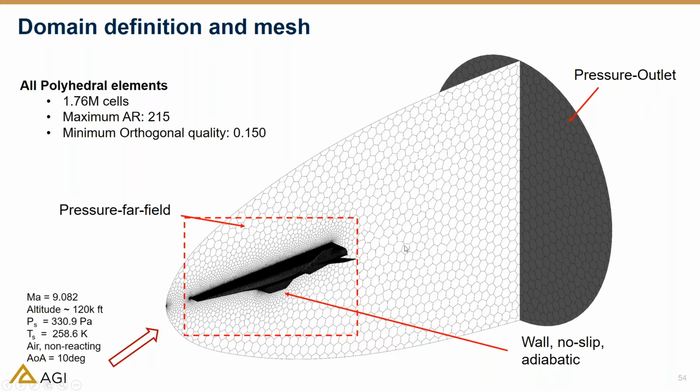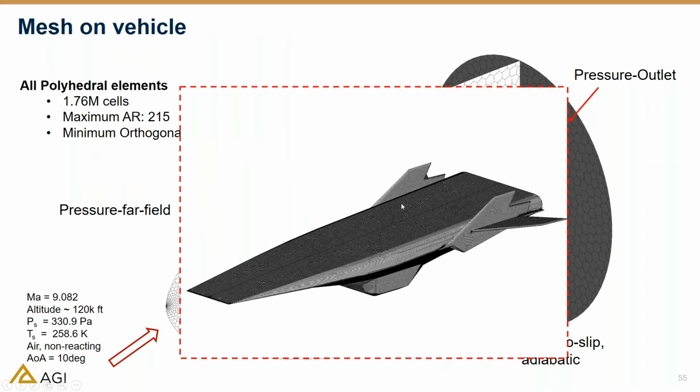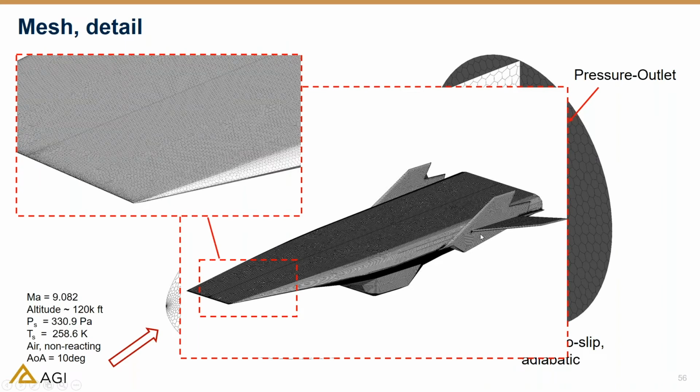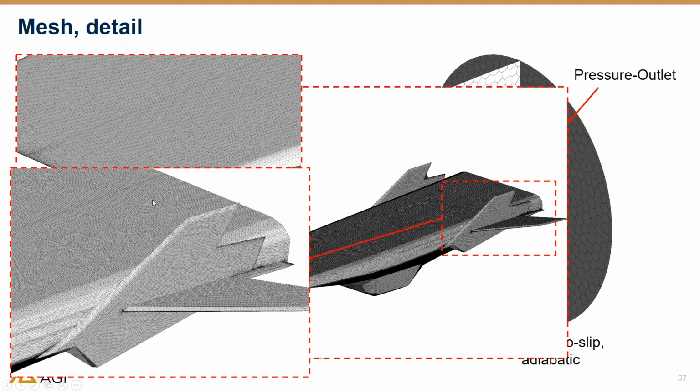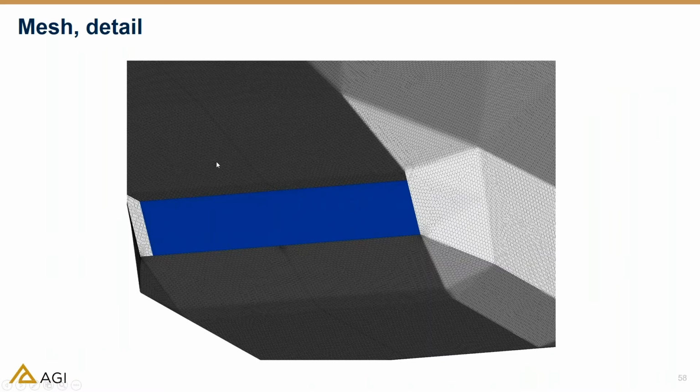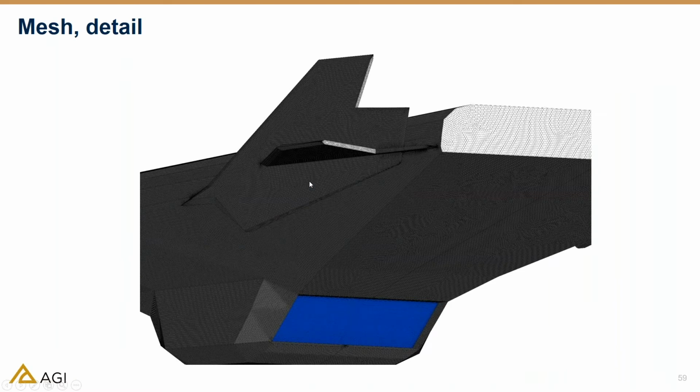And just looking a little bit more at details of the mesh, since it's always a big topic for CFD, you can see at this level of detail that there's a very good quality mesh everywhere, also in the problematic areas like on the fins and the nose. And taking a different view, we are looking at the inlet of the scramjet and the exhaust side of the scramjet.